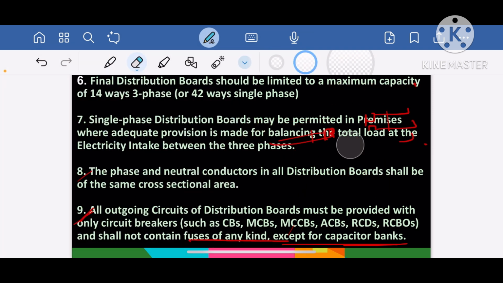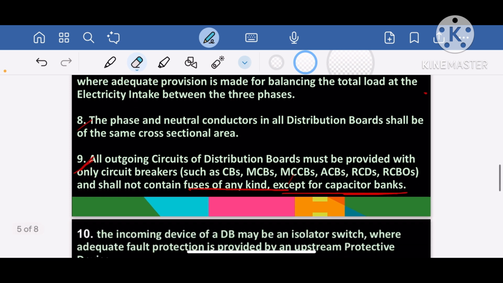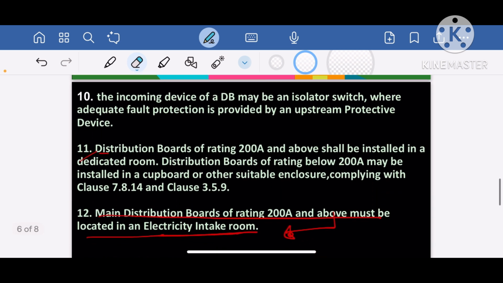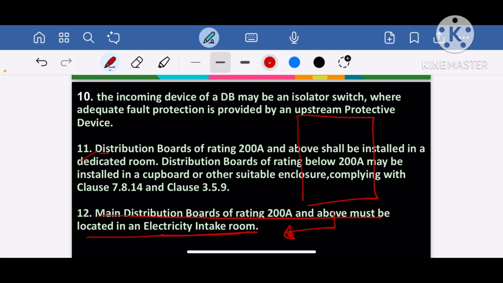Now let us move to the other point mentioned in the ADDC regulation related to distribution board. The incoming device of the DB may be an isolator switch where adequate fault protection is provided by the upstream protective device. What does it mean? As I explained just now, for the final distribution board, the incomer can be an isolator. But we know that this will be fed from somewhere.